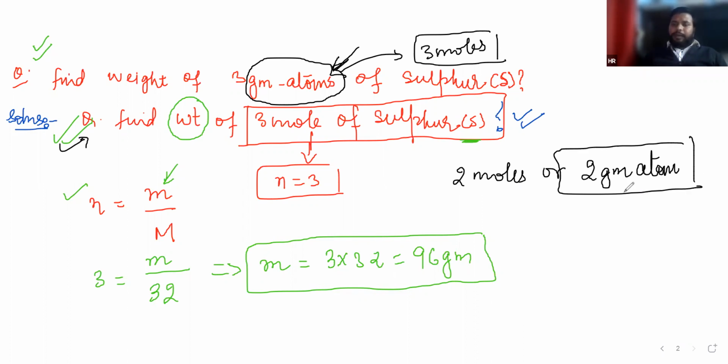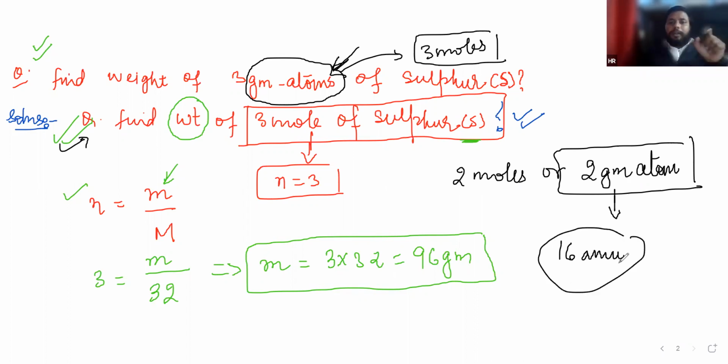Because what gram represents is mole. I already told you, if 16 AMU is given, that means only one atom. If 16 gram is given, that means a mole. It's all about mole. Got it?